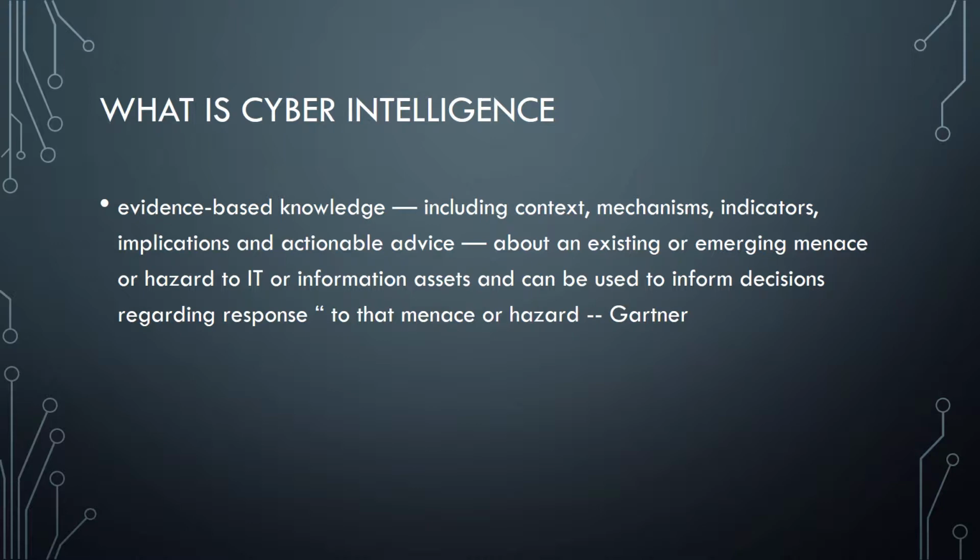And here, according to the Gartner definition, cyber intelligence is the evidence-based knowledge, including context, mechanisms, indicators, implications, and actionable advice about an existing or emerging menace or hazard to IT or information assets, and can be used to inform decisions regarding response to that menace or hazard.